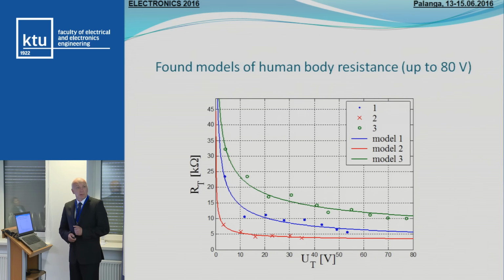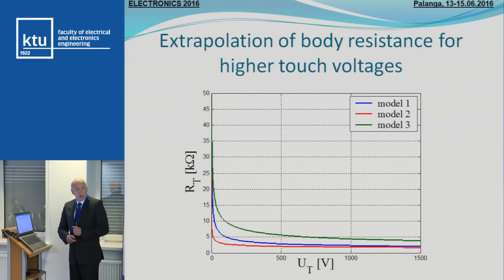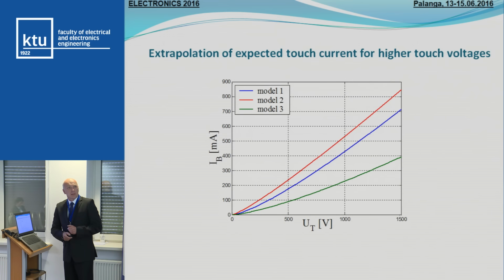After extrapolation for higher values, we obtained these lines. Of course, it's always difficult to test on live humans the higher voltages. It's difficult to find volunteers for this test. But the real danger, of course, is in these higher voltages. And this is the same for the touch current against touch voltage.